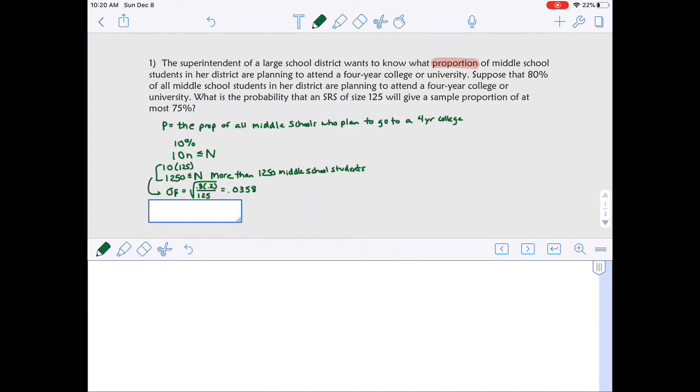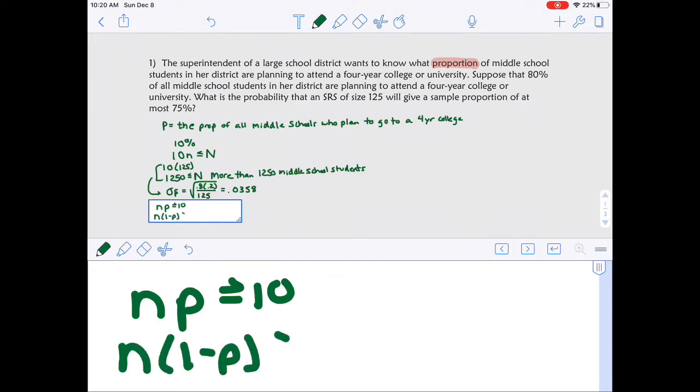Next thing we need to do is check that this is going to be a normal distribution. Okay, again, are we taking a large enough sample size? Since this is proportions, we will use np and then n times 1 minus p. If this was means, we'd use n is greater than 30. So np greater than or equal to 10 and n times 1 minus p.